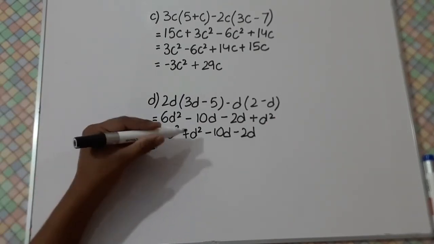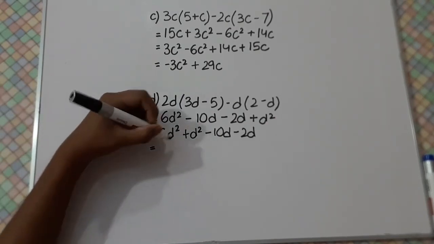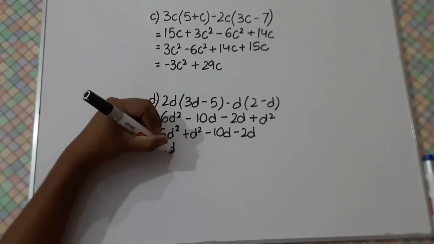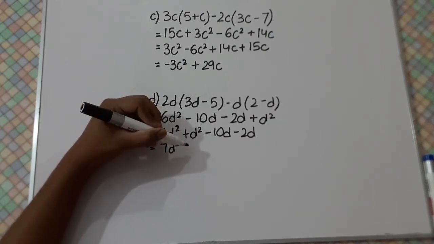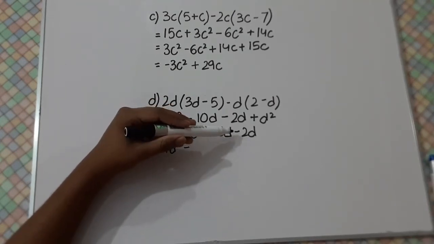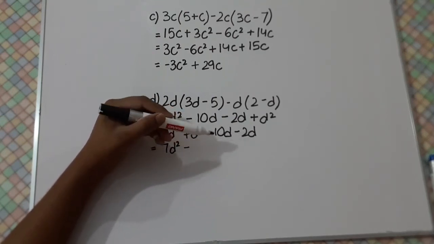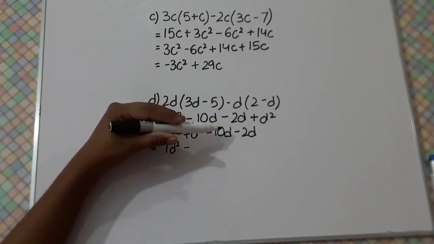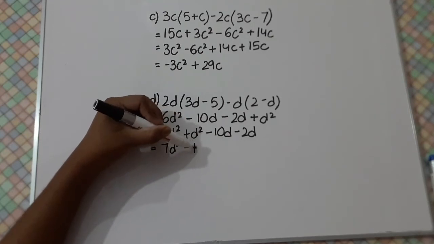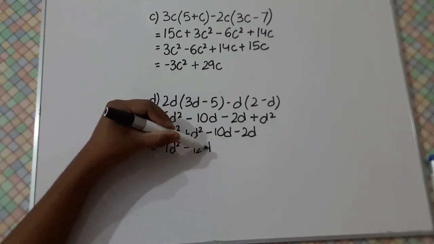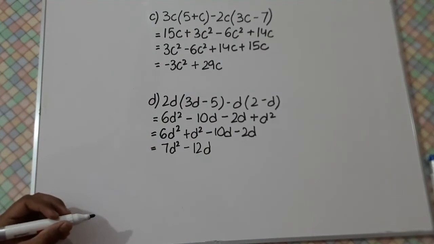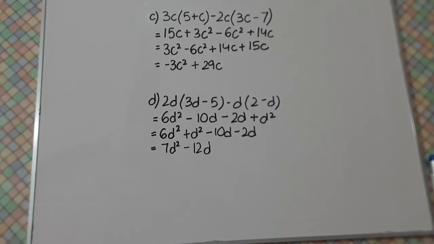So 6d square plus d square would be 7d square. And minus would be the sign. 10 minus 2d would be minus, minus is plus, so 10 plus 2 would be 12d. So this was part D of this question.